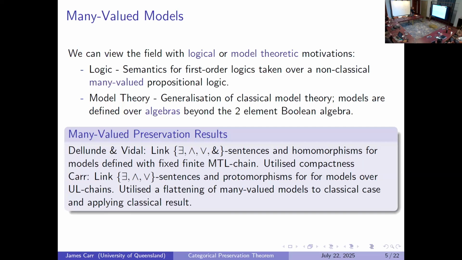But even for the models over MTL chains, part of the reason you get the strong conjunction in that result is that strong conjunction at a model level behaves exactly like lattice conjunction. So you get it for free; it's not really being used. This prompted the idea that it would be interesting to look for preservation results that really utilize the gradient notion of these models.